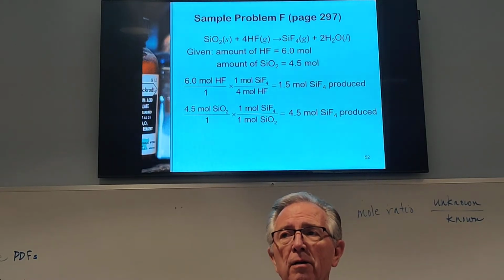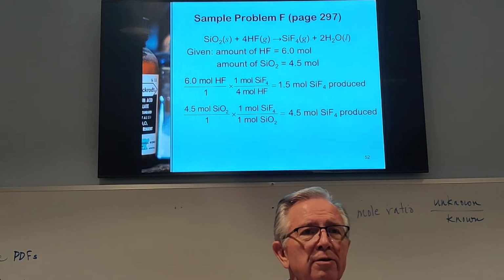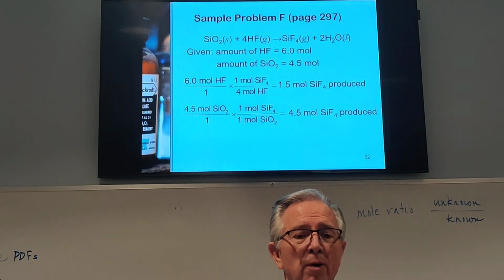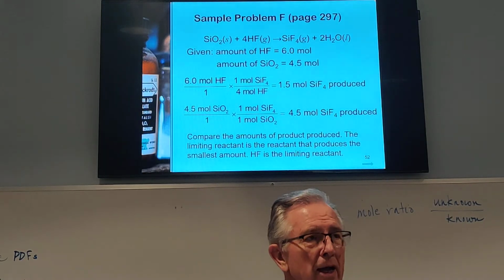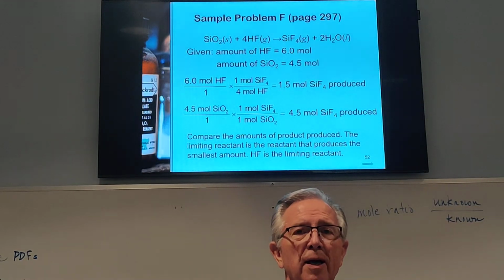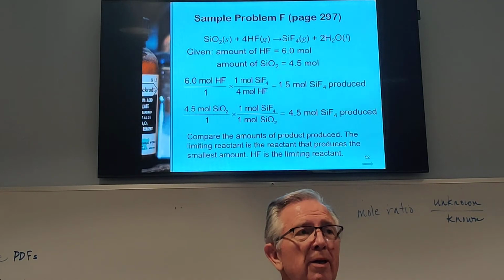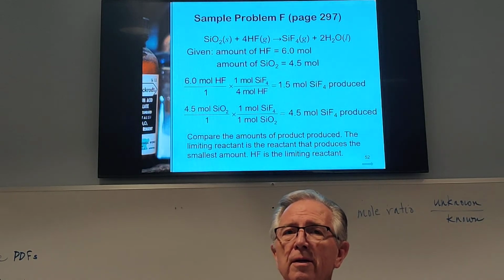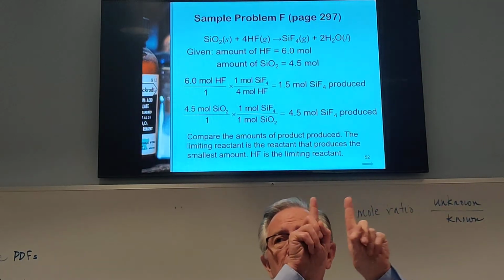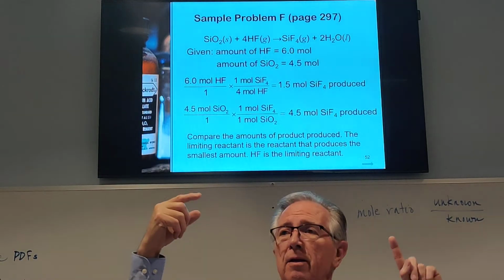That's my limiting one. Well, it looks like HF gave me less product, right? So my limiting reagent is going to be HF. HF is my limiting reactant or limiting reagent. That's the limiting one, the one that gives you the least, but I have to do it for both reactants, so the one that gives me the least is my limiting one.